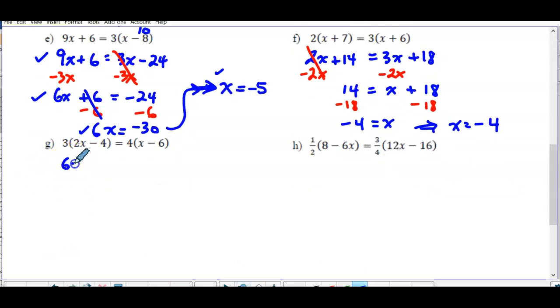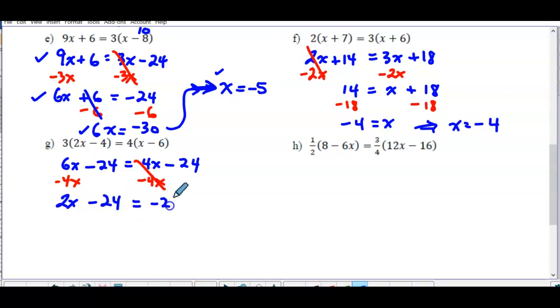Expand the brackets. 6x minus 24 equals 4x minus 24. Smallest x term is 4x, so I'm going to subtract that from both sides. 2x minus 24 equals negative 24.